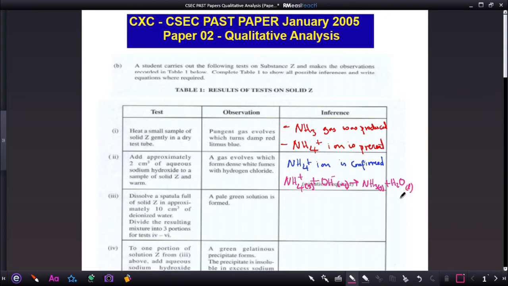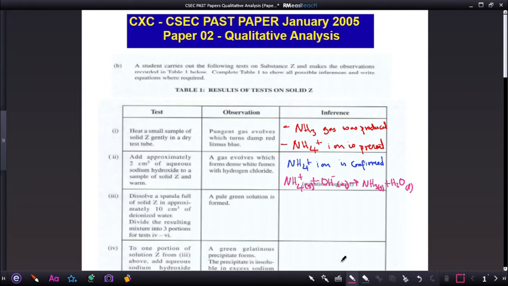And here, let us see if the ionic equation is balanced. So we have 5 hydrogens over this side, and we also have 5 here. We have 1 oxygen, and 1 nitrogen, 1 nitrogen. So the equation is balanced.